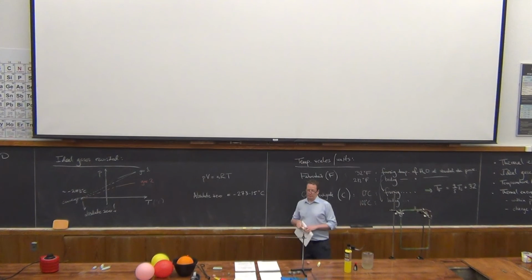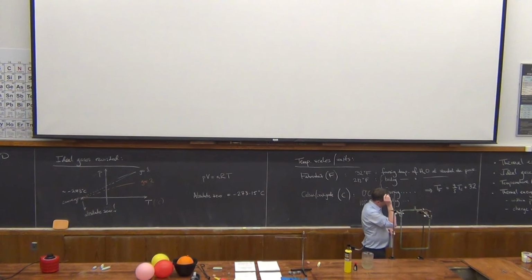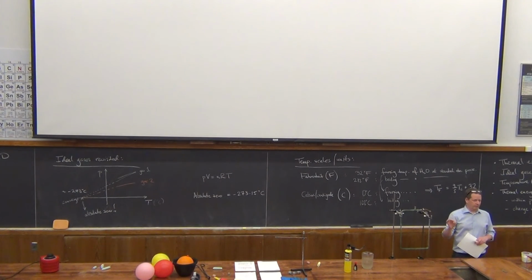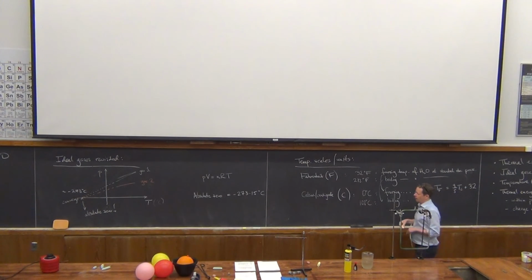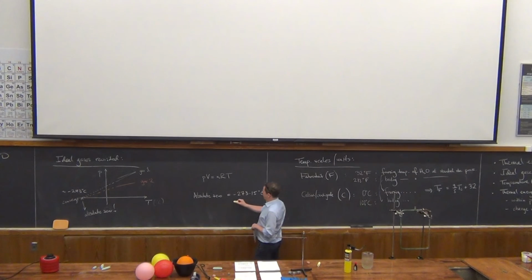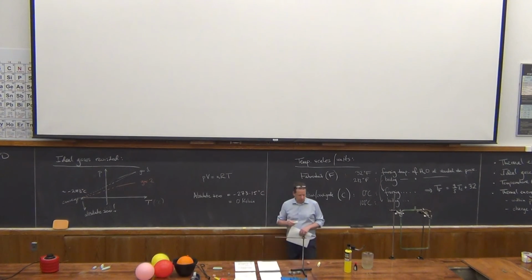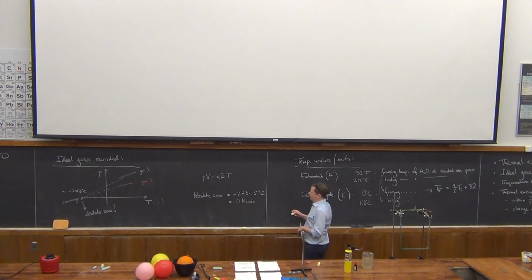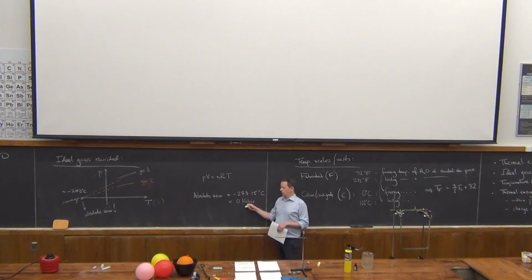So we're going to make use of this now as having defined for us an absolute temperature scale. And we're going to set this to be the 0 point of that absolute temperature scale. So we're going to define this as 0 Kelvin. Kelvin is one of the important scientists involved in early thermodynamics. Okay, so now we've got a 0 point.